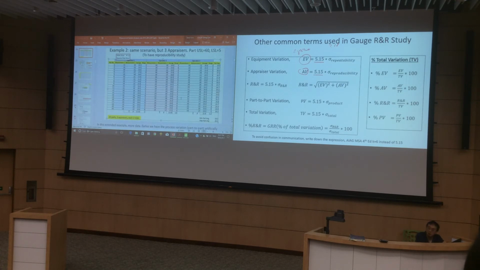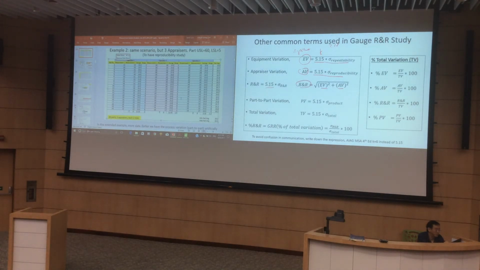But as long as you specify the K value, people will understand. So they just give a template, they multiply it out, and you get this EV, then AV, and then GRR, right? When you square it and take it out, it's 5.5 GRR, right? This is what the number is.